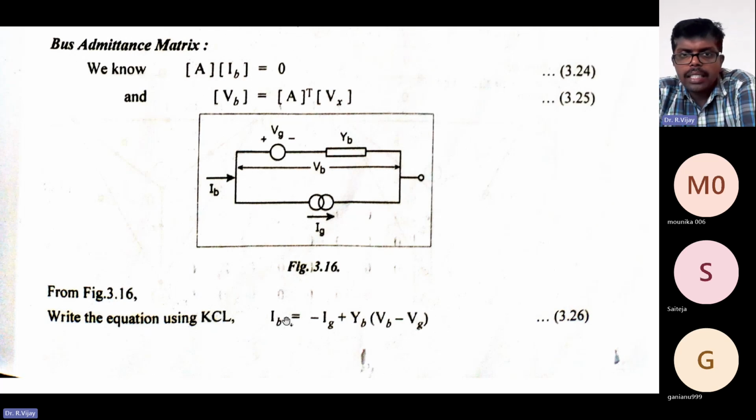IB is equal to minus IG, because if you take the reference like this, it is in the opposite direction, minus IG plus YB into VB minus VG. So take this as some equation number.